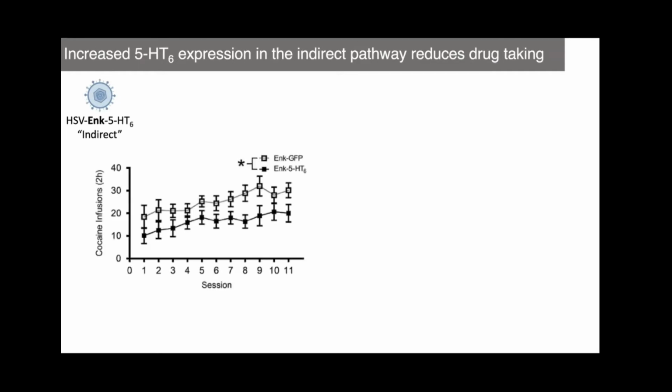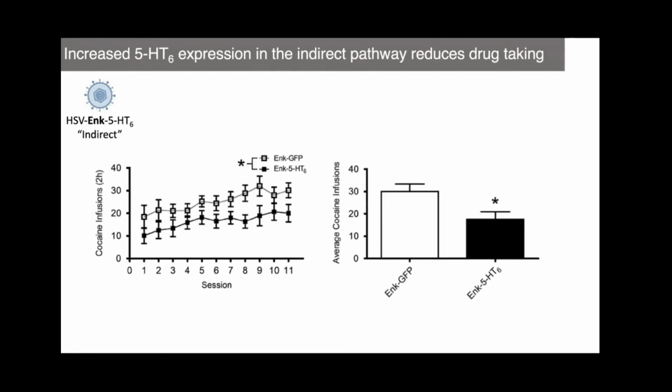What was interesting is that when we look at rats with increased 5-HT6 signaling in their indirect pathway, we see that these rats take significantly less cocaine across these sessions. And also, when we look at the average number of infusions, this drops by about half in these rats.